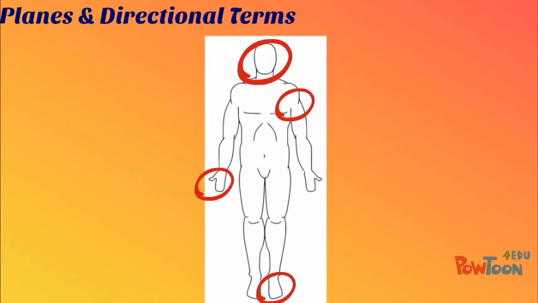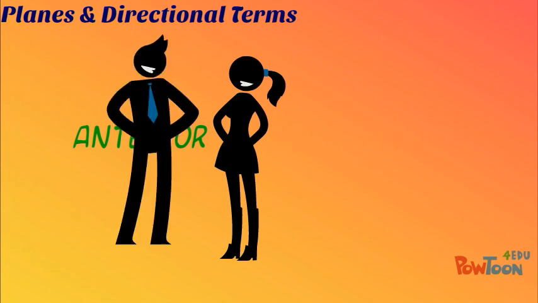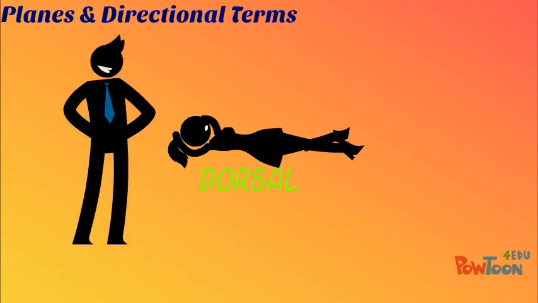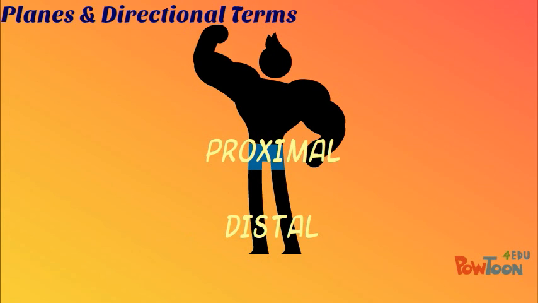Once we are in the anatomical position, then we can start to refer to different parts and planes of the body. There are 3 planes: sagittal, frontal, and transverse, in which we can view and dissect the body. Anterior and posterior, medial and lateral, dorsal and ventral, and proximal and distal allow us to locate areas of the body with respect to others.